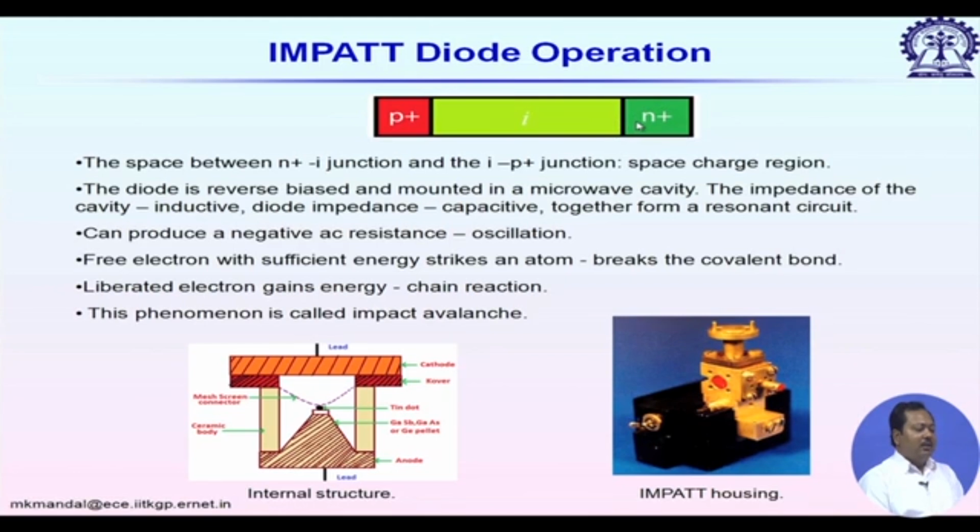Again, these newly generated electron hole pairs will accelerate and also create more electron hole pairs, and that is why it is called an avalanche procedure. It can produce a negative AC resistance. Since there is negative AC resistance, we can have oscillation at microwave and millimeter wave frequencies.